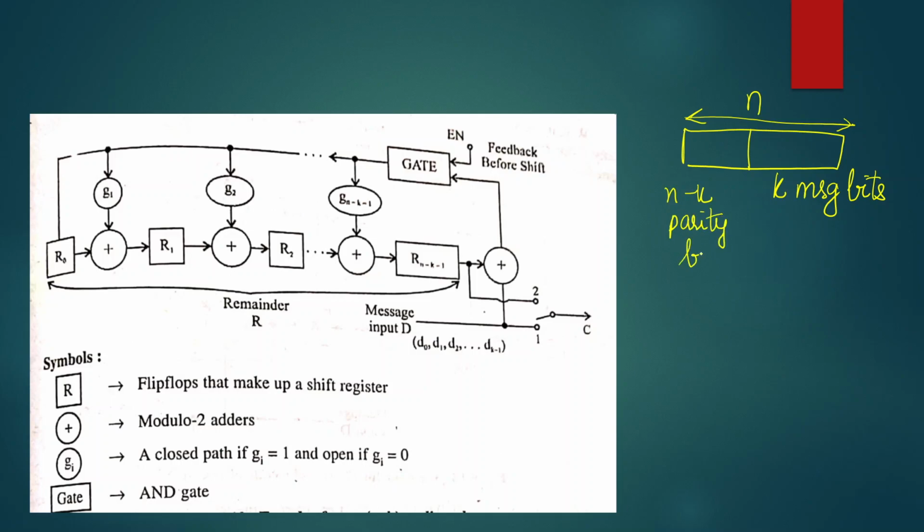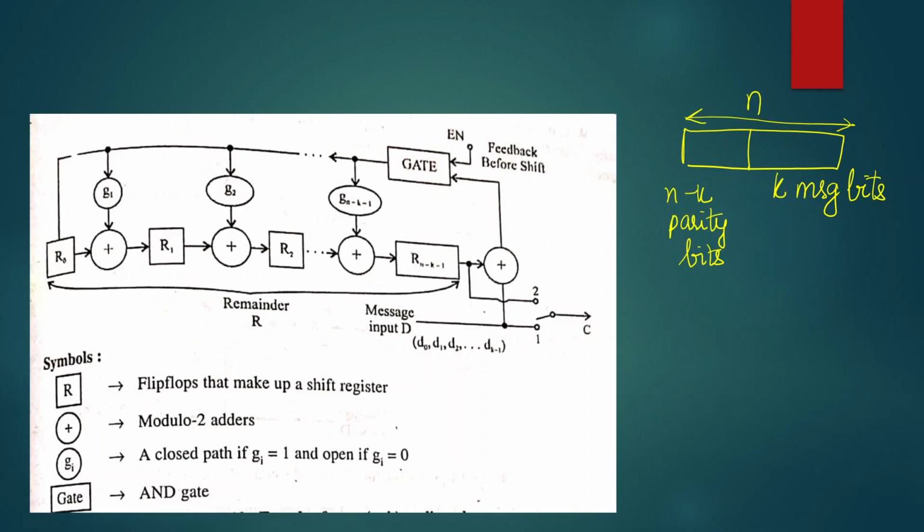So keeping this in mind, we will now see how to generate this kind of cyclic codes. Why are we going with cyclic codes? The basic necessity is the ease of construction of an encoder as well as the syndrome circuit.